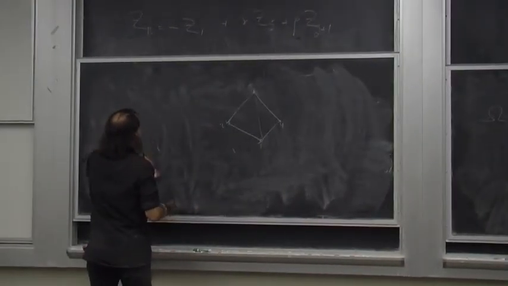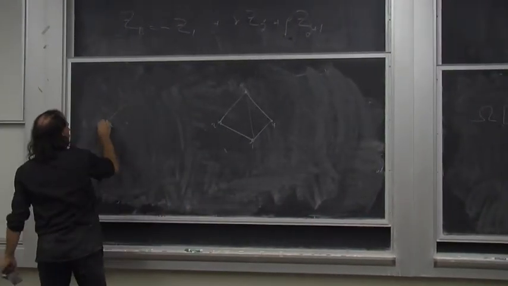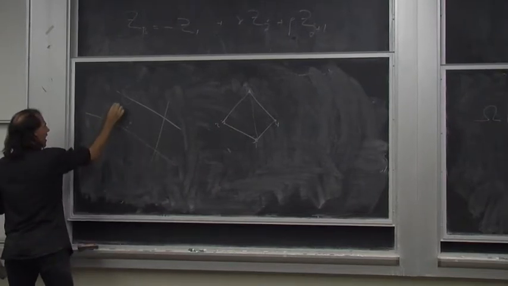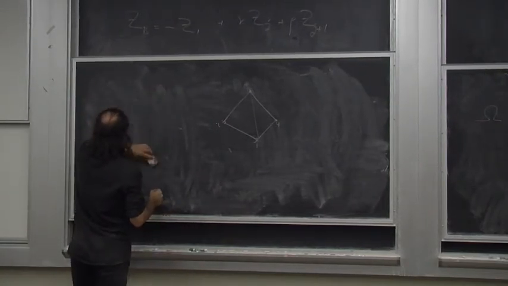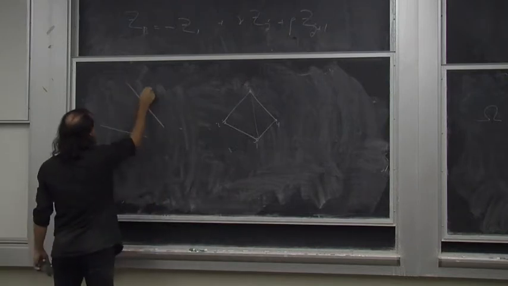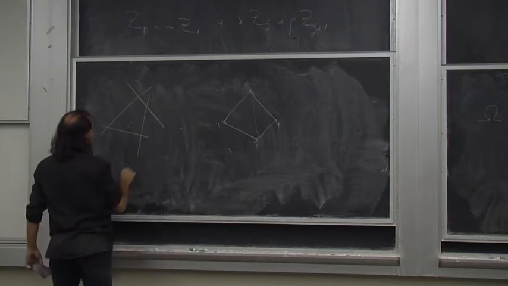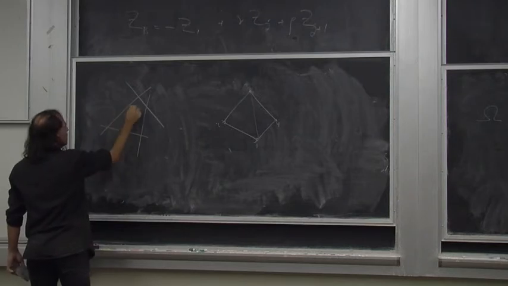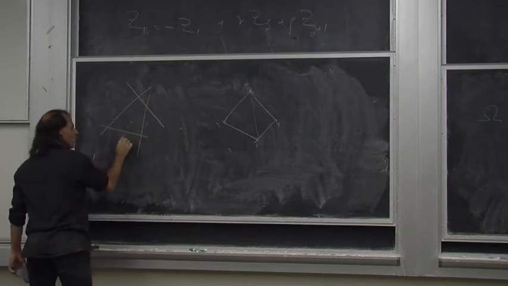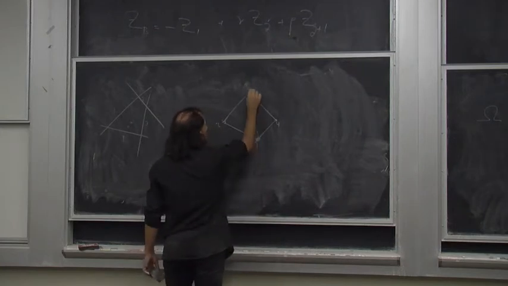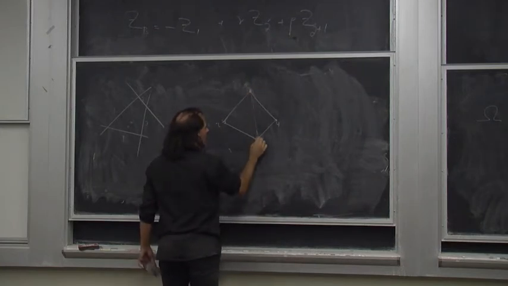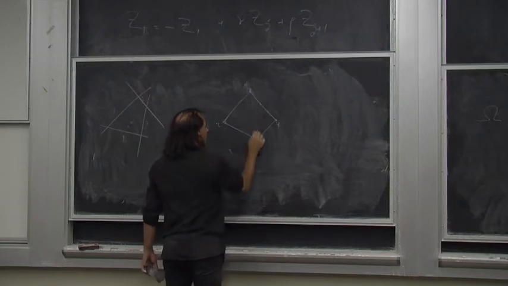Now, let's see what's happening in the dual. In the dual, I have 1, 2, 3, 4, and these are now lines. I always draw the quadrilaterals with parallel lines. Now here I had this new triangle where one of the edges was 1, 3.